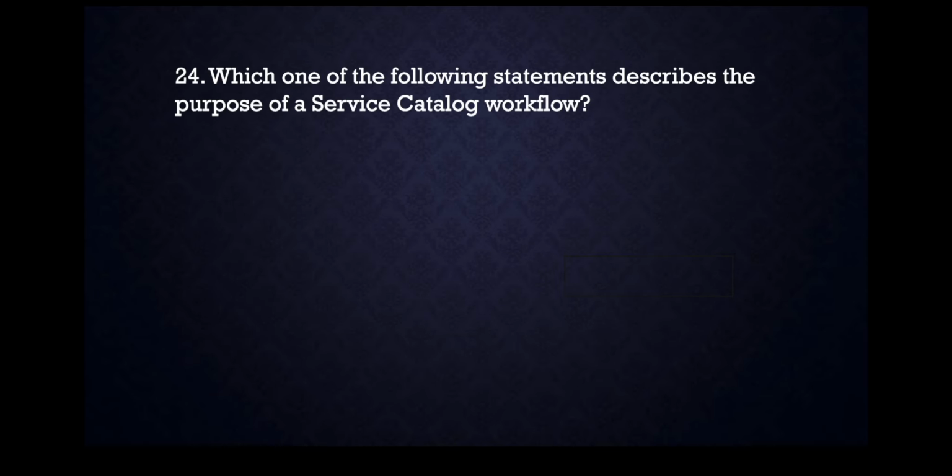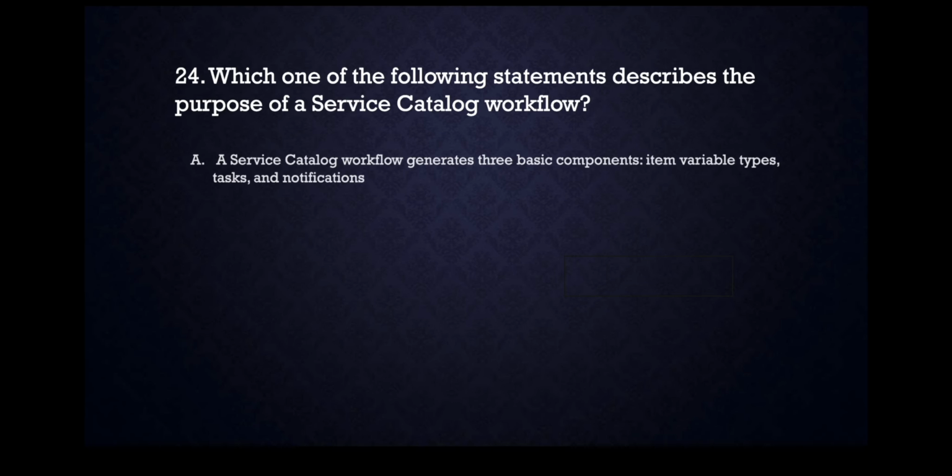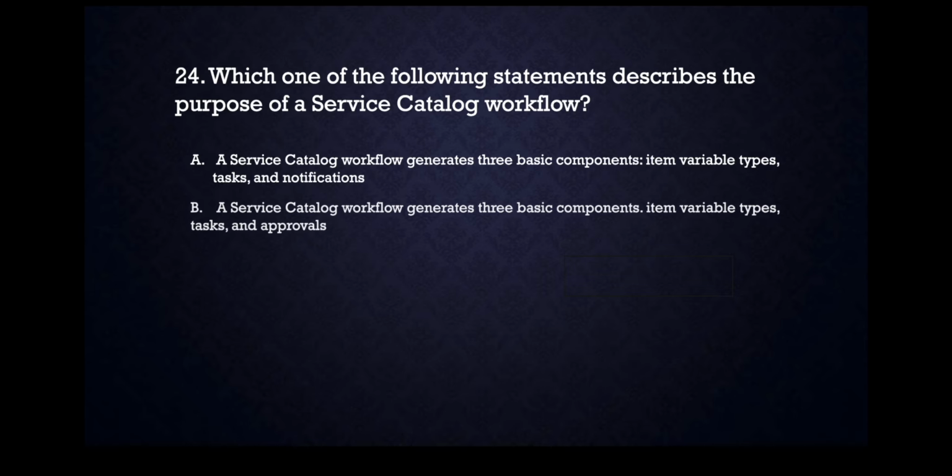Which one of the following statements describes the purpose of a service catalog workflow? The options are: a service catalog workflow generates three basic components: item variable types, tasks and notifications. A service catalog workflow generates three basic components: item variable types, tasks and approvals.